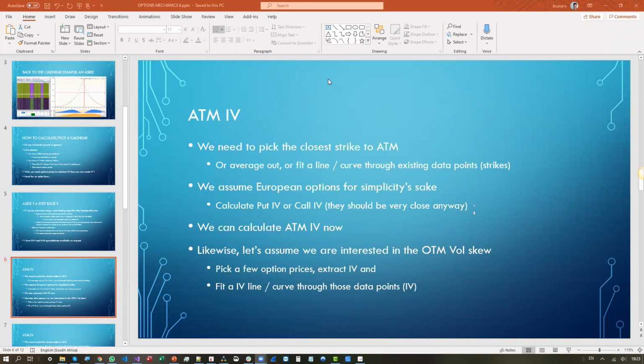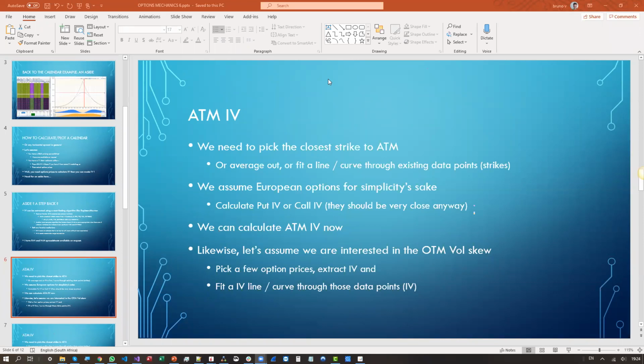So if you have several points, no longer ATM, but let's say you take 2 or 3 points further out of the money, then you can do the regression. For a line, you need 2 points, but it is better to have 3.